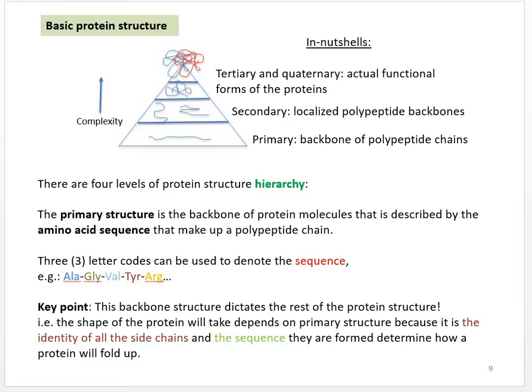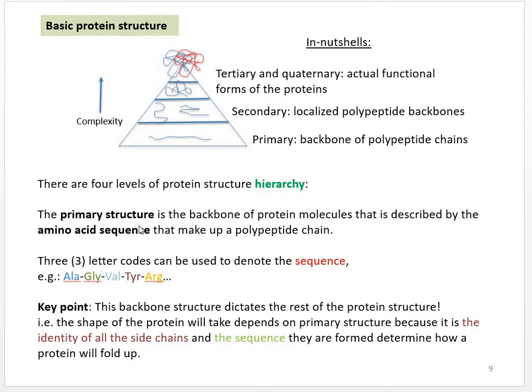This is called secondary structure. And then we go to the tertiary and the quaternary structure, where we have the actual functional forms of the protein. As we go from primary to secondary, tertiary, and quaternary, you can expect the structure to become more and more complex.